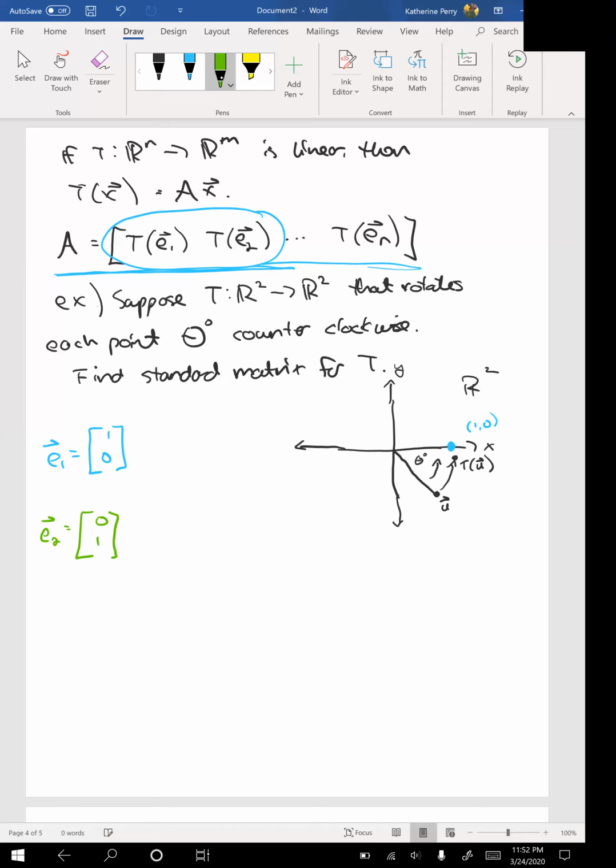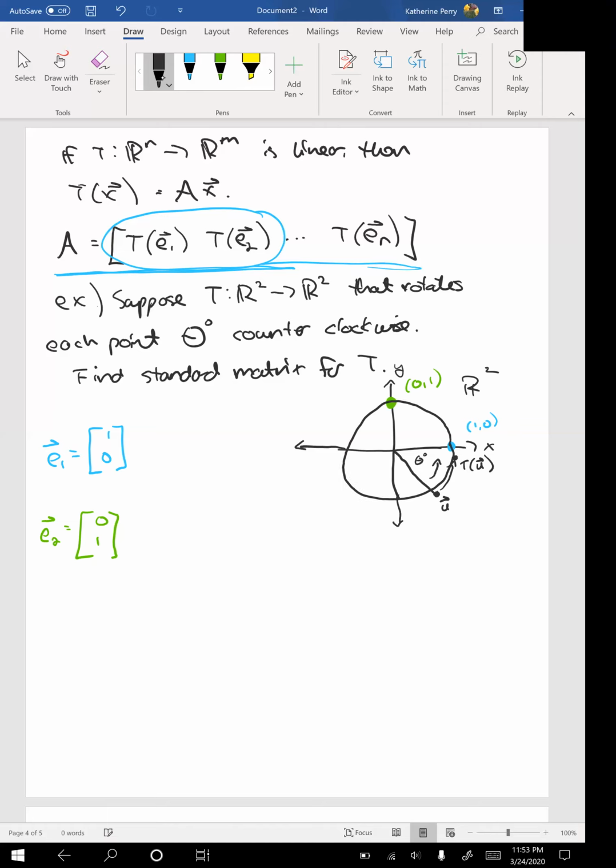So let me draw that here. And let me also put these on the unit circle.